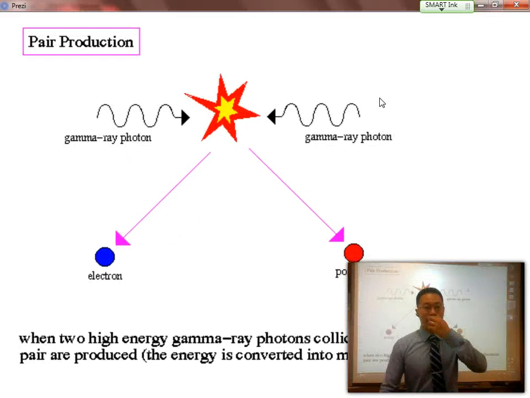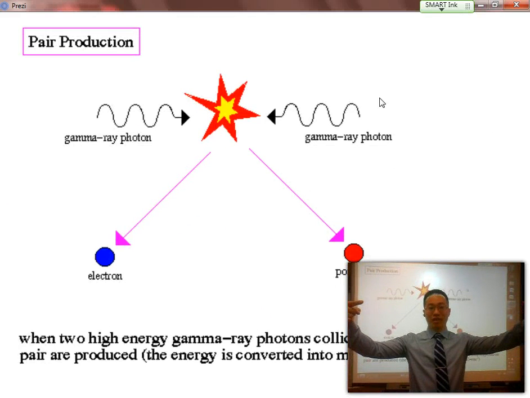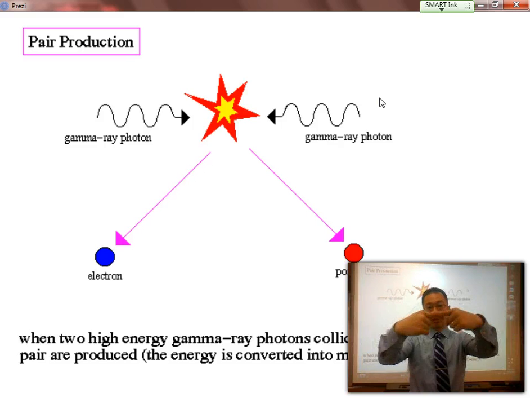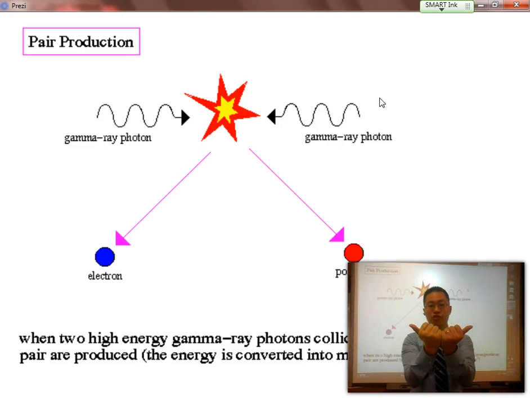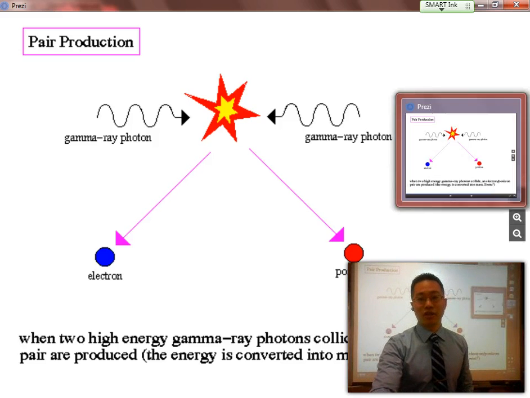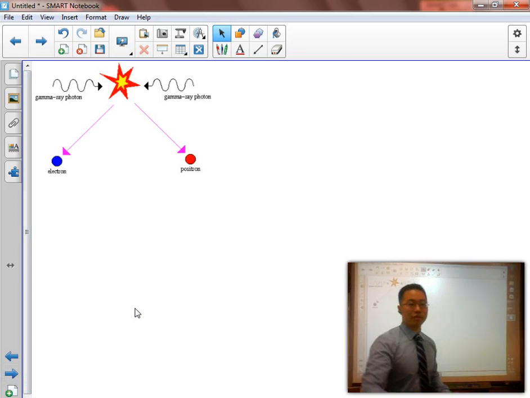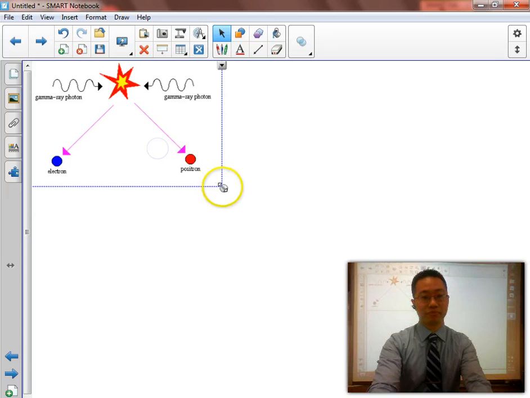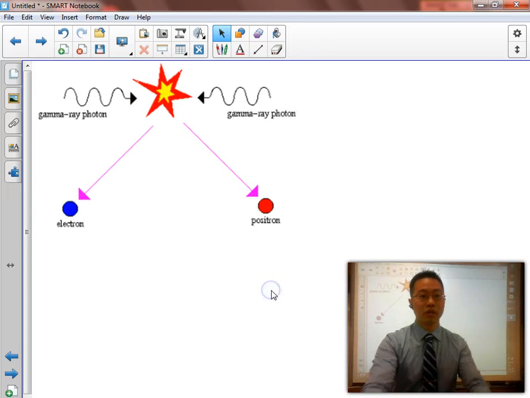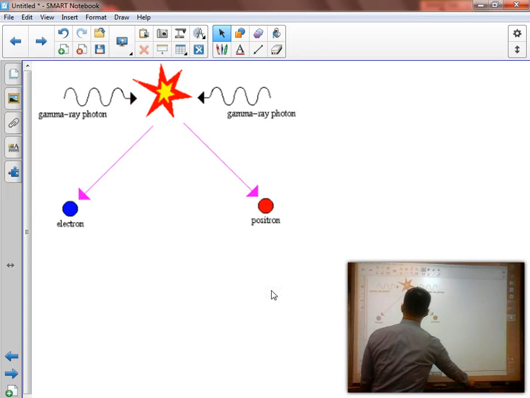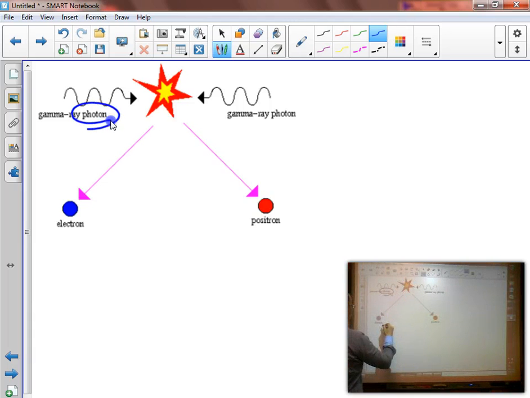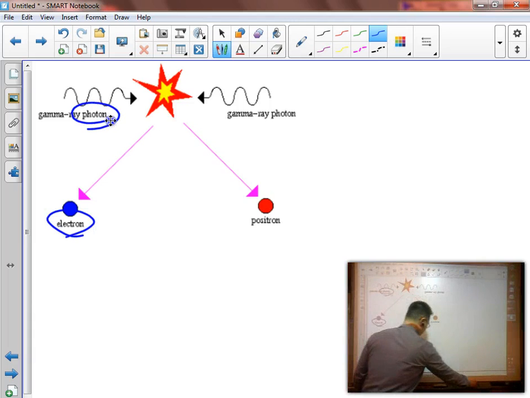Another possibility is when you have 2 gamma rays coming together and they strike. Okay, and when they strike, they produce the electron and the positron here. So in this case it's really the same question as before, but just understanding that each photon is going to turn into each particle.